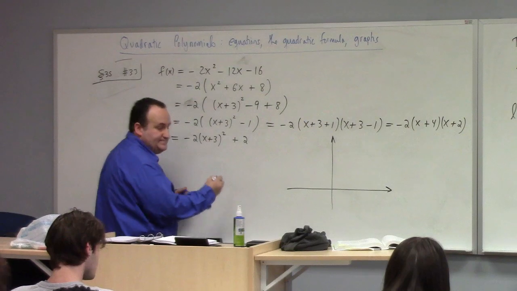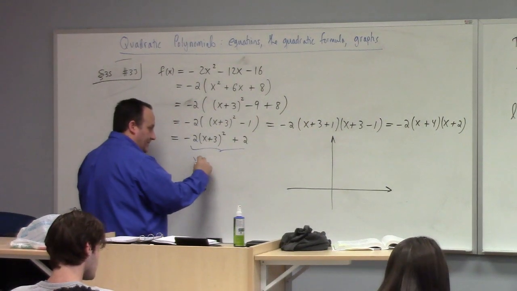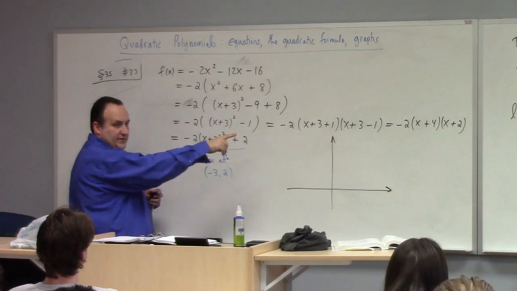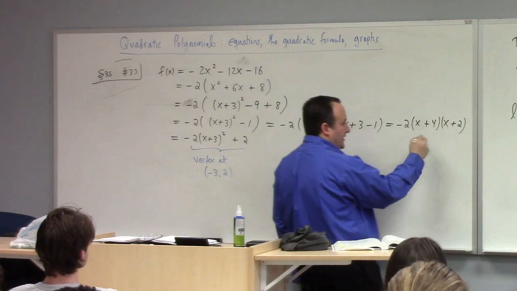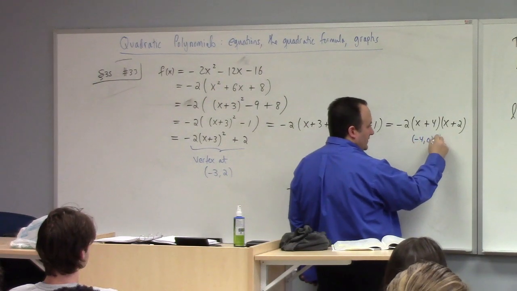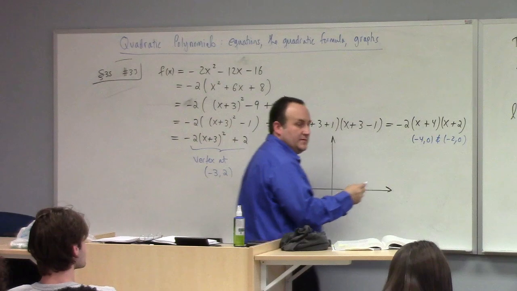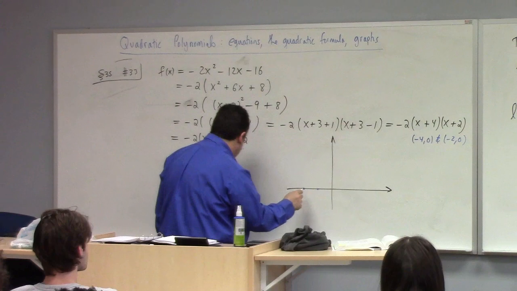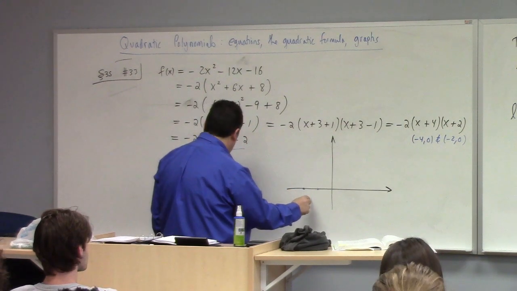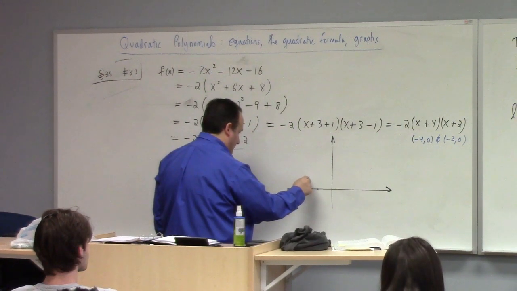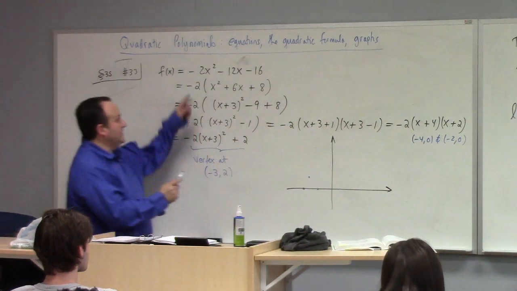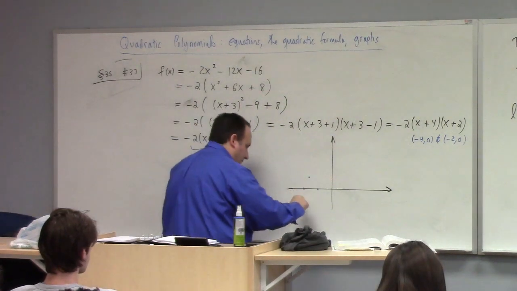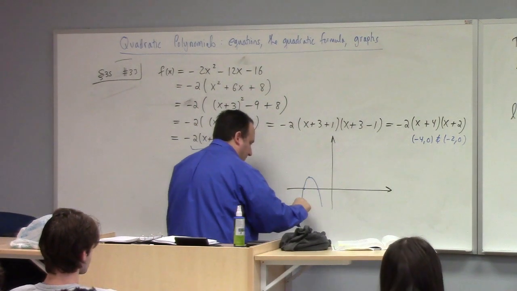From this expression right here, I have a vertex at minus 3, 2. And from this expression over here, I have minus 4, 0 and minus 2, 0 for x-intercepts. So like here, and let's say here are my x-intercepts. My y-intercept is up here. And this one has a leading coefficient which is negative. And that, my friends, means that this guy opens down like that. So there you go.